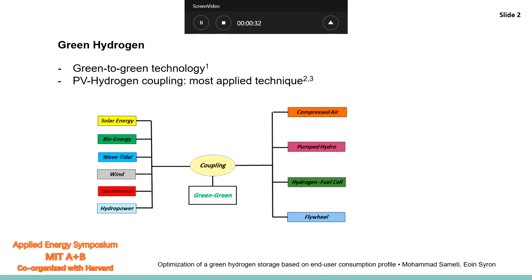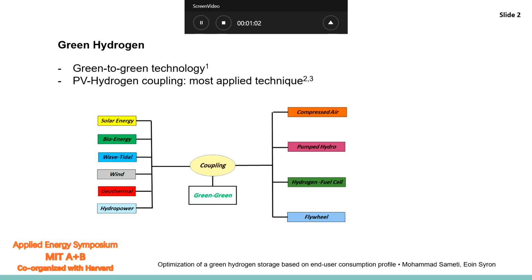Let's first look at the terminologies. What does green hydrogen mean? Basically, if we generate hydrogen from any renewable or green sources, the hydrogen that is generated is called green hydrogen. For example, we know that we can generate hydrogen through chemical processes, and not all of them are from renewable energies.